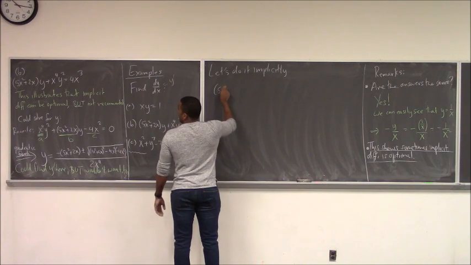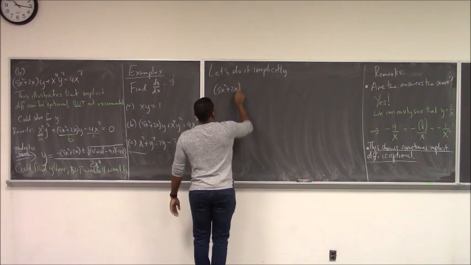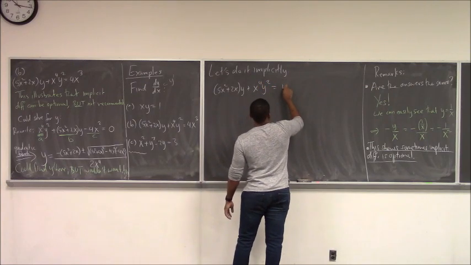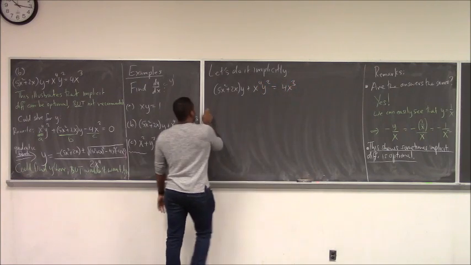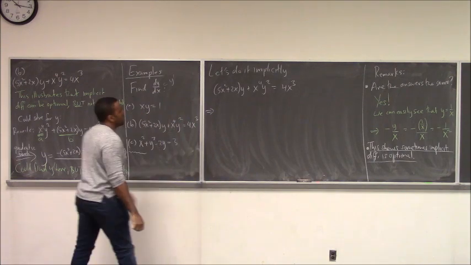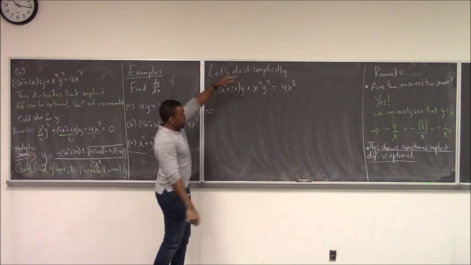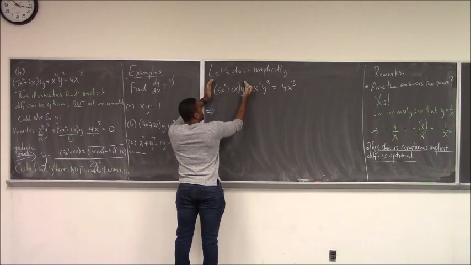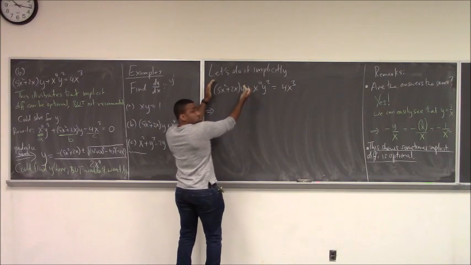So if we have 5x squared plus 2xy plus x to the fourth y squared equals 4x cubed, now what we're going to do is differentiate both sides. What is the derivative of this with respect to x? How would you do that?